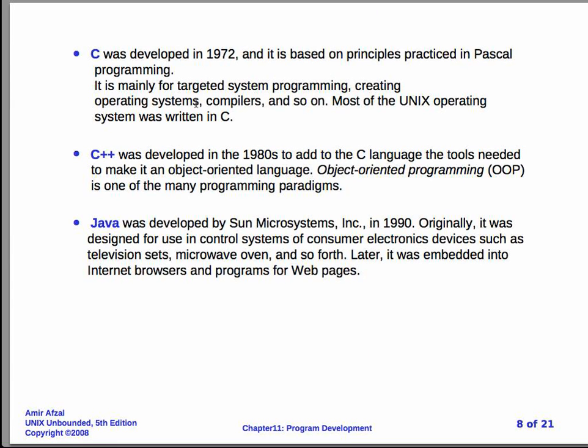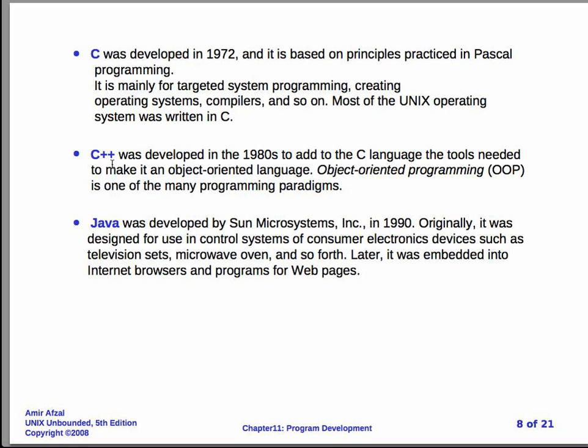So if you look at any operating system that's out there right now, that would include Windows, Linux, Mac OS X, iOS on all your iPhone and iPod devices and iPads, all those operating systems were written in C. Compilers are usually written in C. So even C compilers are written usually in C. Most of the Unix operating system was written in C. There's a small part of it that might still be written in assembly language.